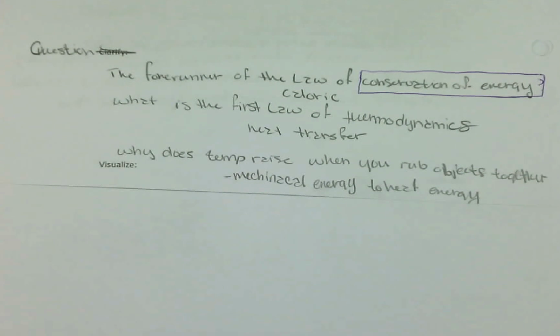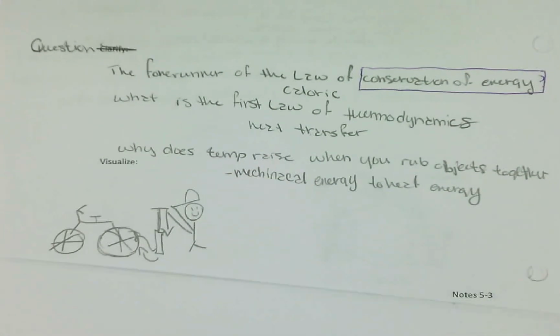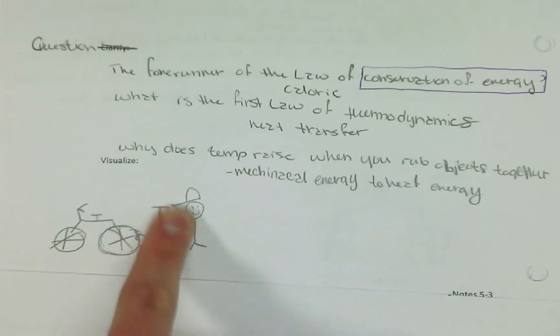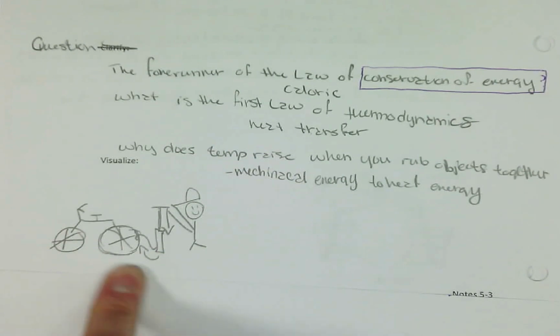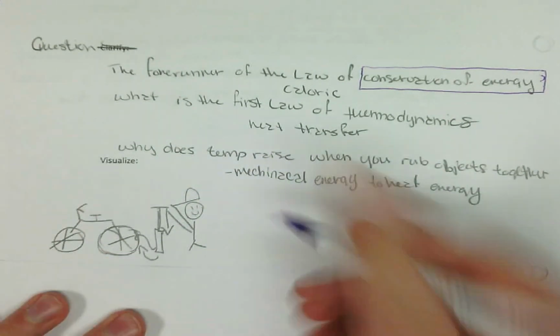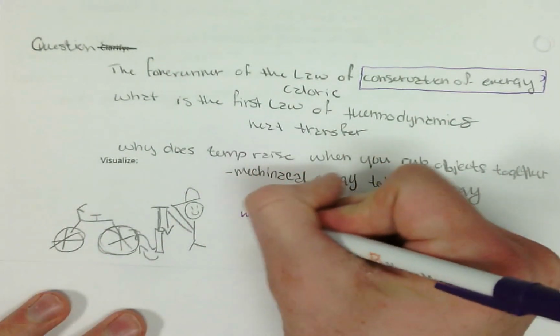All right, explain the diagram to me. Oh, pumping a tire. They're doing work, and that causes transfer from one thing to another. Okay, so work is done on the pump.